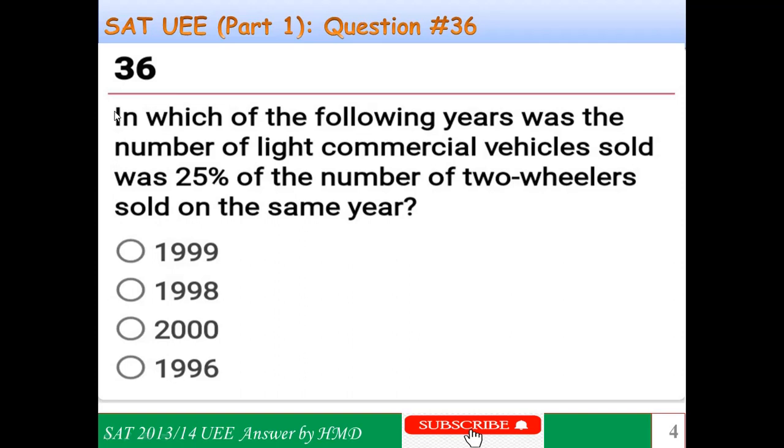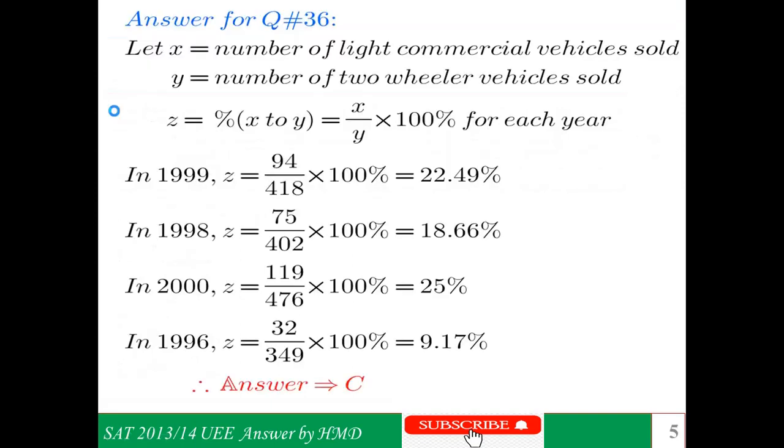I hope you got the answer, and here is the answer. So here let X be the number of light commercial vehicles sold in each year, Y be the number of two-wheeler vehicles sold, and Z be the percentage of X to Y. This implies the percentage of the number of light commercial vehicles sold to the number of two-wheeler vehicles sold.